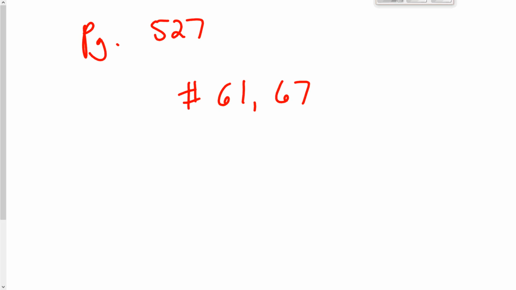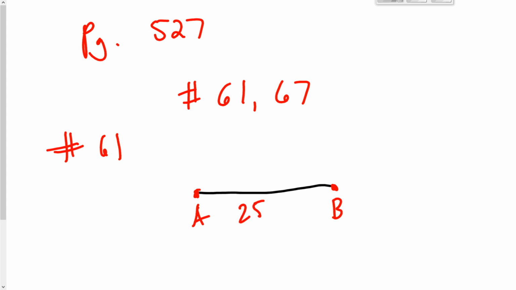Okay, so on page 527, you have number 61 and 63. Here is number 61. We have two docks located on the east-west line. So here's a horizontal east-west line. We have dock A, let's say dock B, and they are 2,587 feet apart.